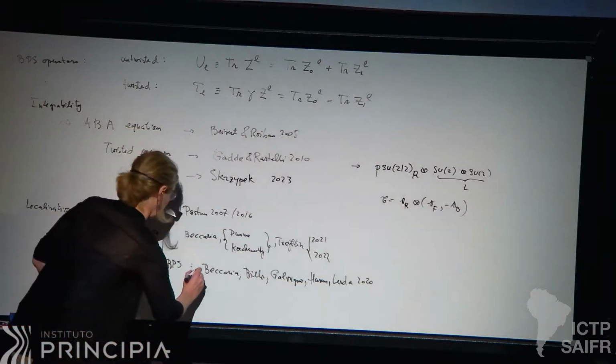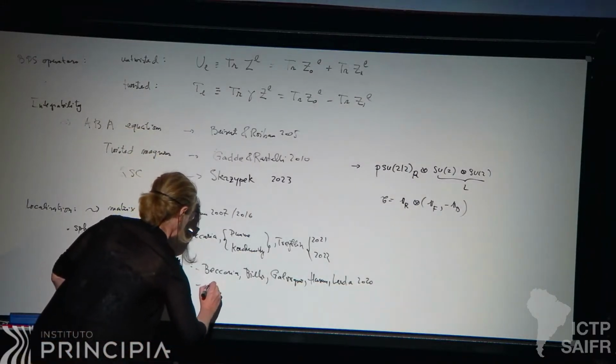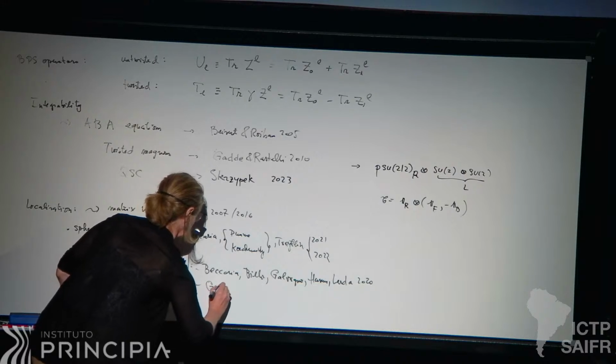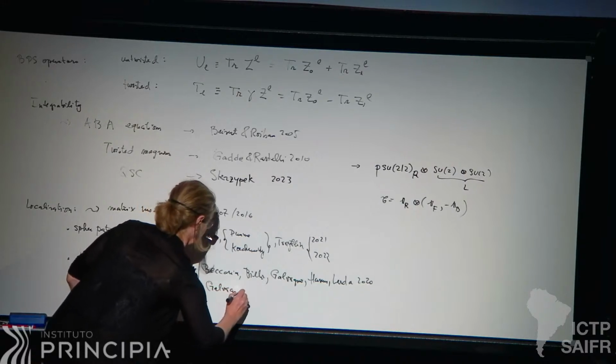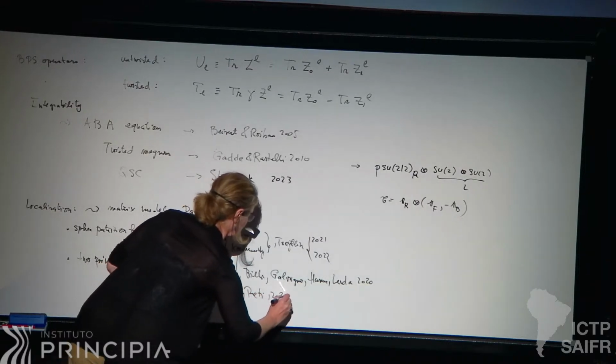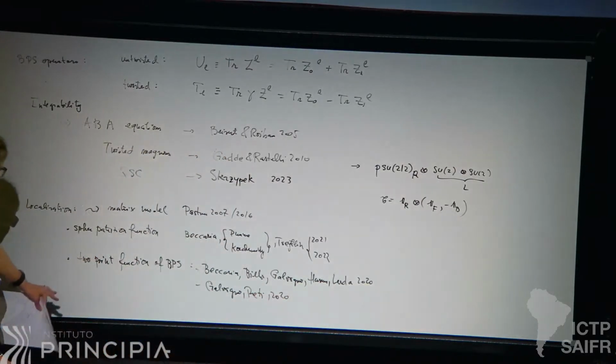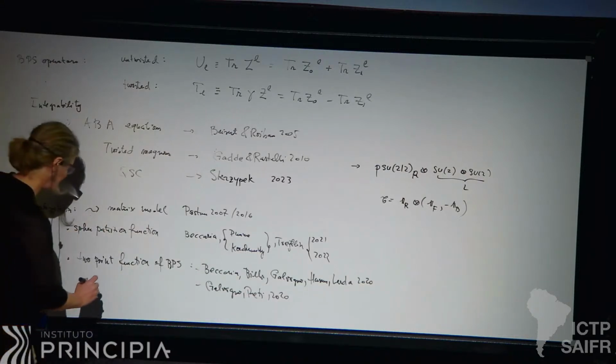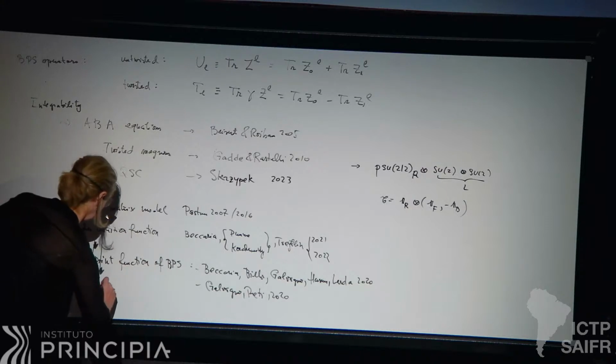Also there is a work by Michelangelo and Francesco Galvagno, which gives the computation of the two-point function from localization and from perturbative computations.